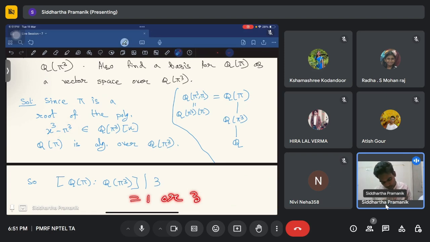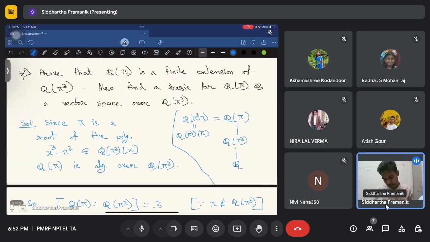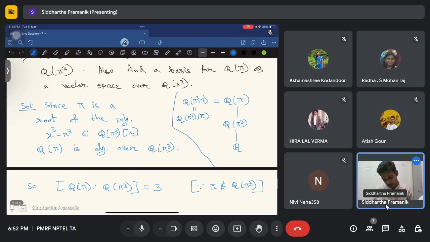But it cannot be 1 because pi does not belong to this field. So it has to be 3. That is something trivial. This is 3 because pi does not belong to Q(pi^3). So it is a finite extension and the degree of the extension is 3.